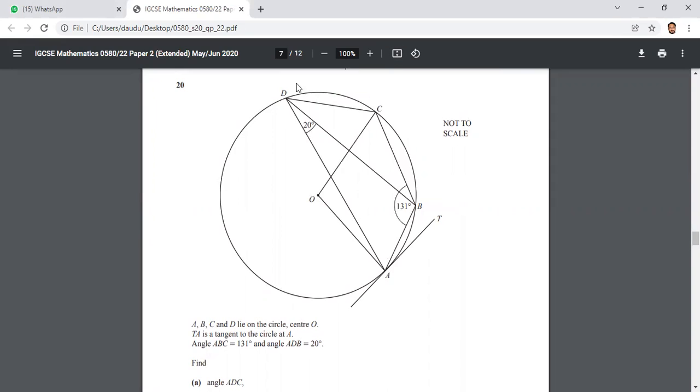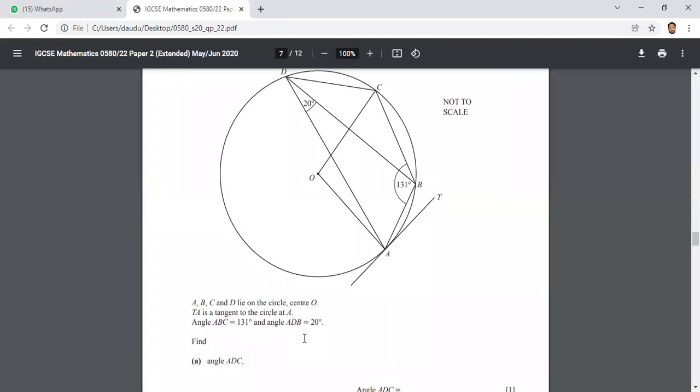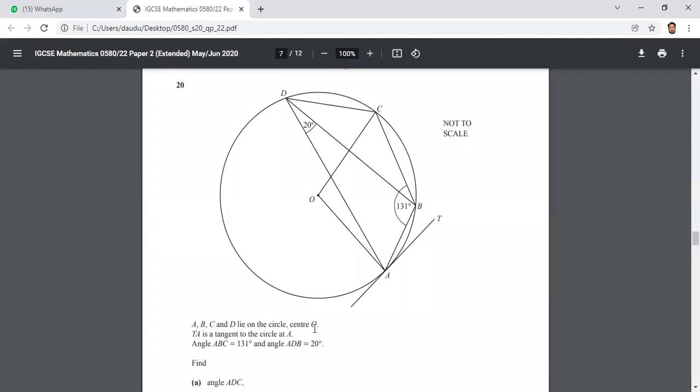So that means ABCD is cyclic, whereas the center is O. PA is a tangent line to the circle at A, it meets the circle at point A, and angle BAC is 131, which we can see, and one more angle ADB, which is 20. And what we have to find, we are looking for ADC, what is it?